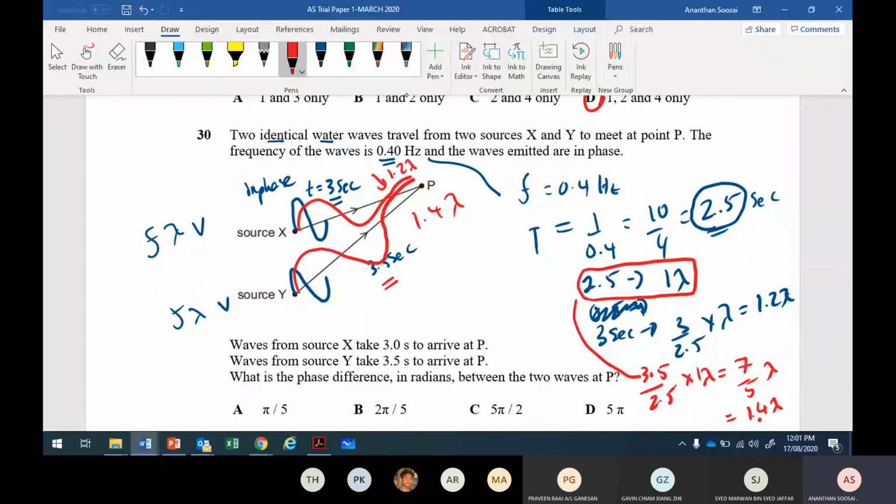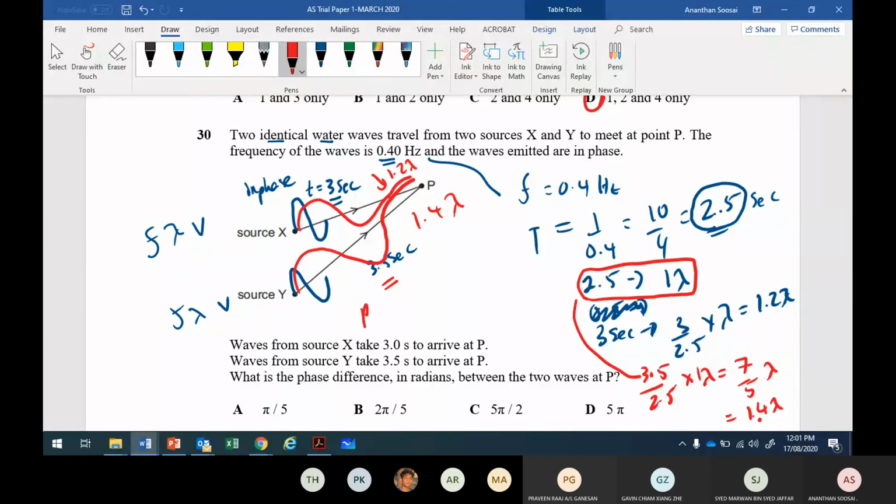Okay, what is the path difference of the two waves? 1.4 lambda minus 1.2 lambda. The path difference is how much? 0.2 lambda. So for 0.2 lambda, what is the phase?